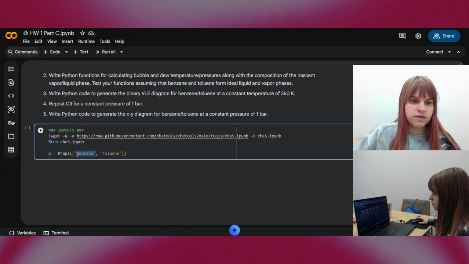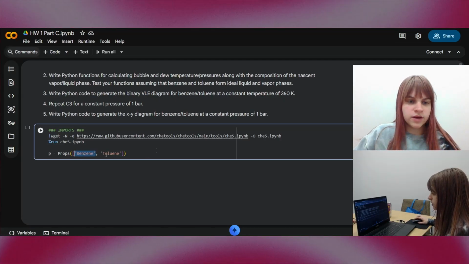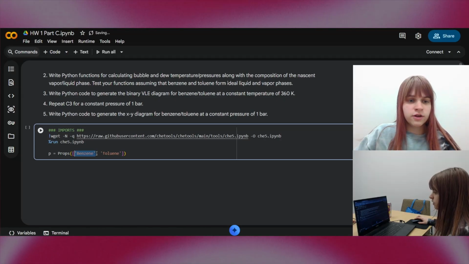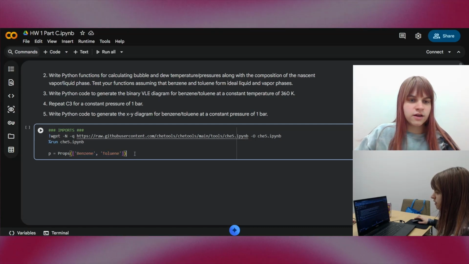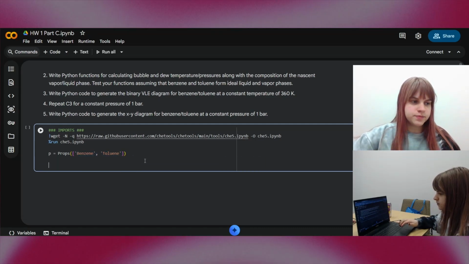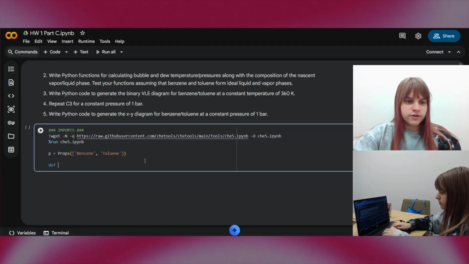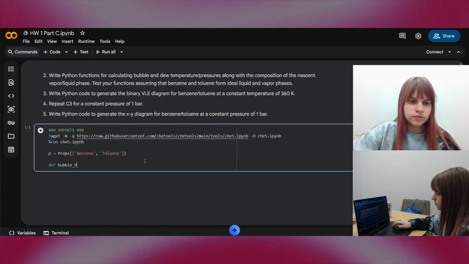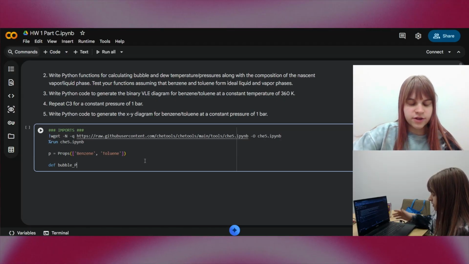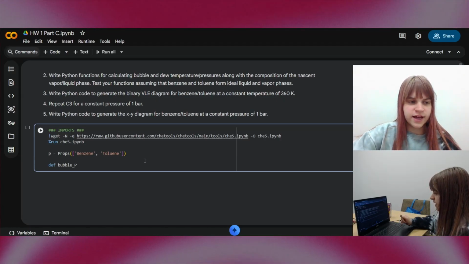We listed benzene first because, as I said earlier, benzene is the more volatile component, and traditionally you would put that first. We will first do our bubble pressure, because that is the one we calculated first when I was writing that out.